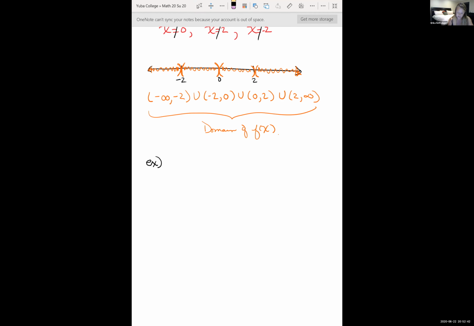So what if it was h of x is equal to the square root of 3x minus 1 all over x squared minus x minus 6.